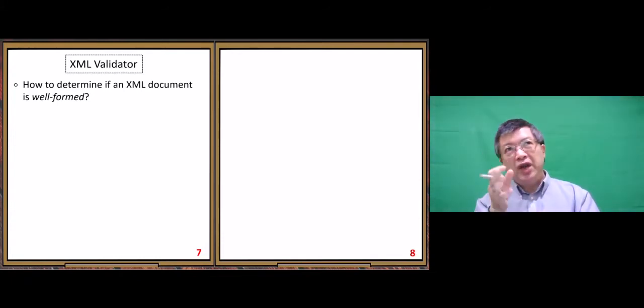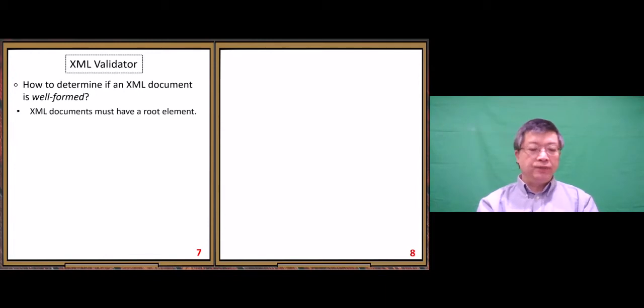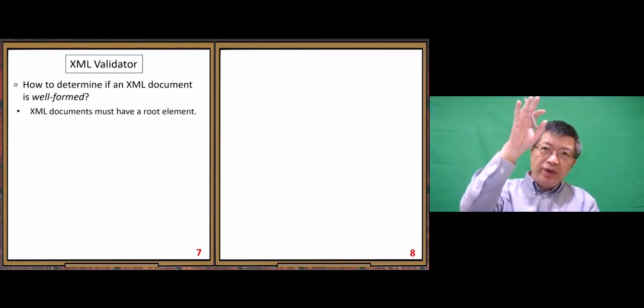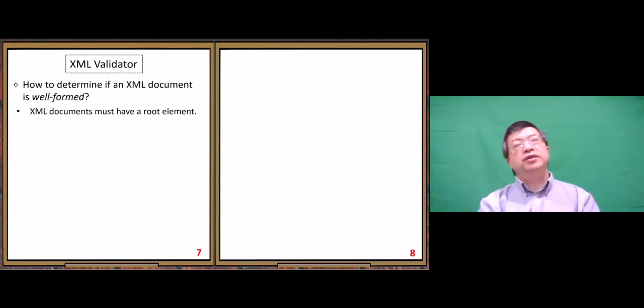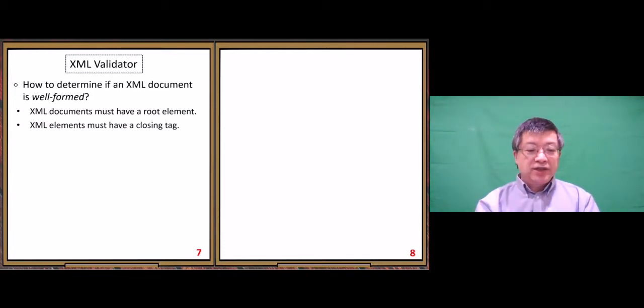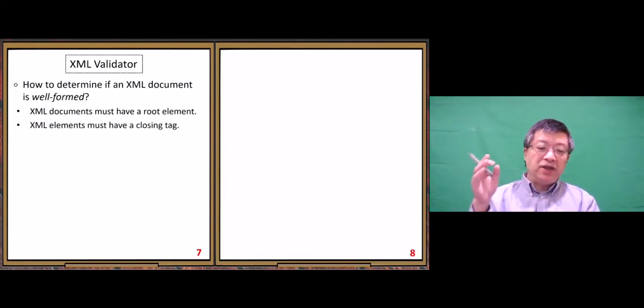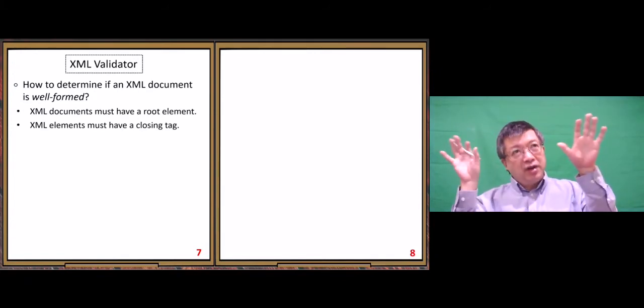So we want to check if this XML document is well-formed or not. First, it must have a root element. That's simple to check. Next, each element must have a closing tag.